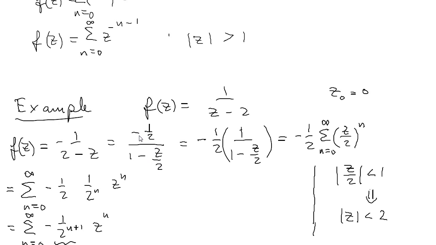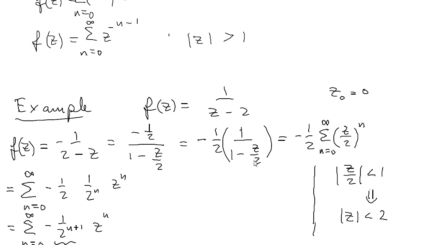So now, by putting this in front of this fraction, I obtain minus 1/2 times 1 over 1 minus z over 2, which is the limit of a geometric series where this u is equal to z over 2.